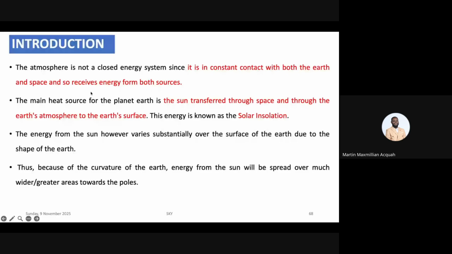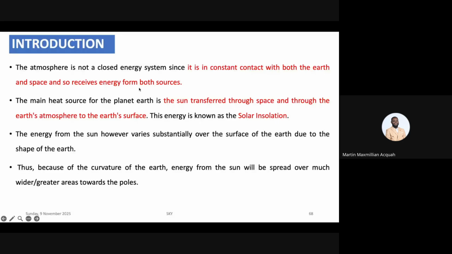The major source of energy on the Earth's surface is from the sun. This energy has constant contact with both the earth and space, and so receives energy from both sources.